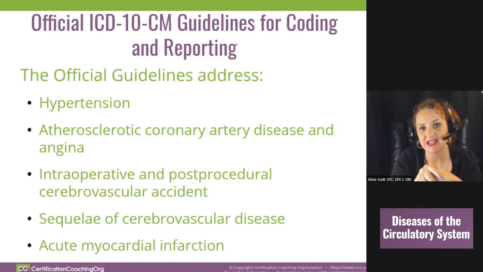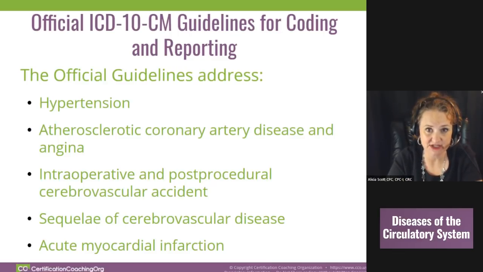Now let's get into the guidelines that we need to speak about, because there are a lot of guidelines in the cerebral vascular system. You're going to see these in any of the credentials that you sit for, any of the exams, because you don't want to make a mistake with these. And so they're going to test you.